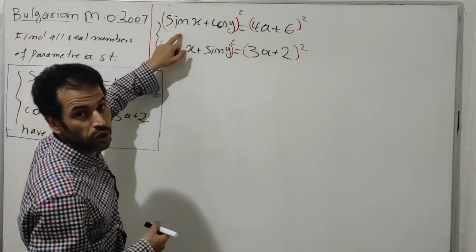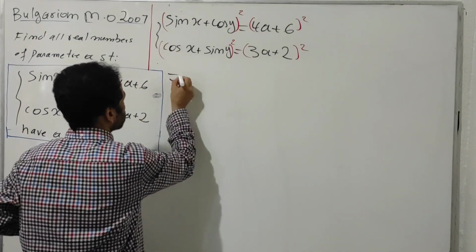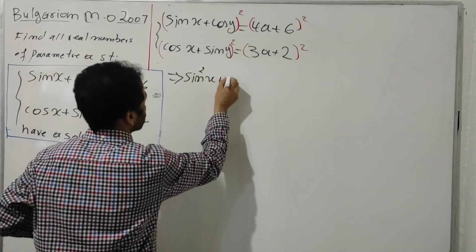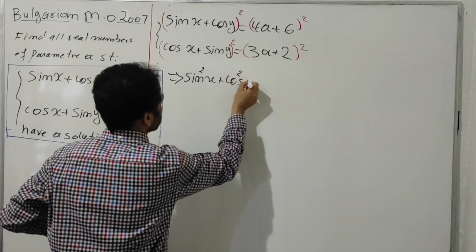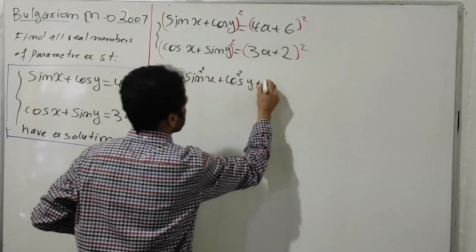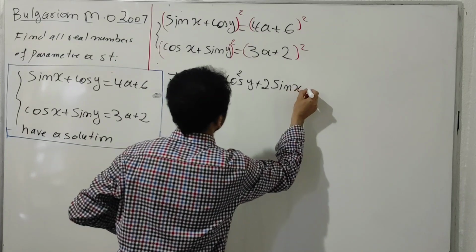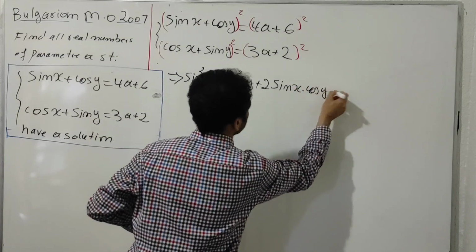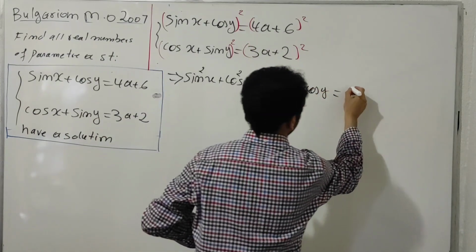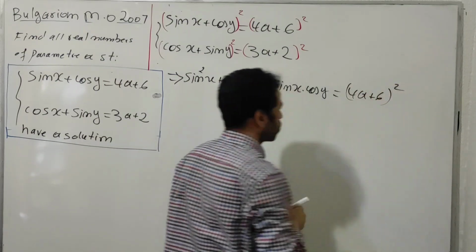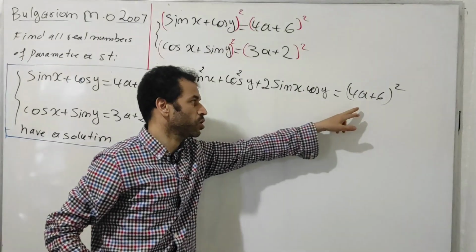For the first equation, you will have sine square x plus cosine square y plus 2 times sine x multiplied by cosine y equals 4a plus 6 squared. I don't need to distribute this one, I'm going to leave it for later.